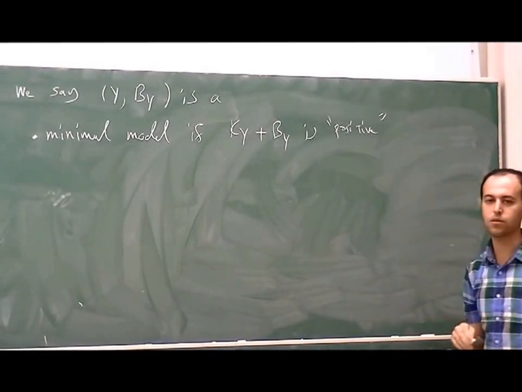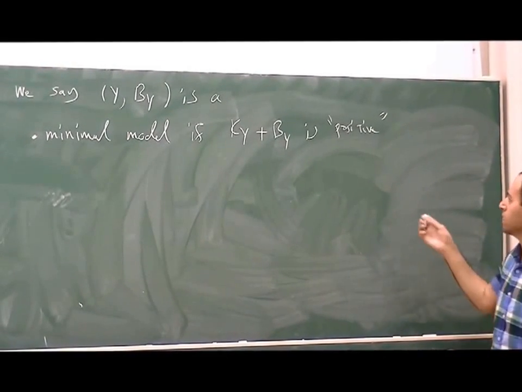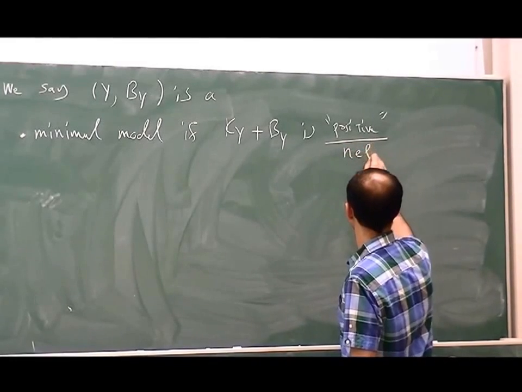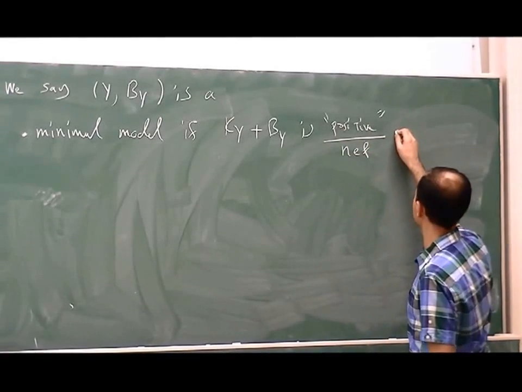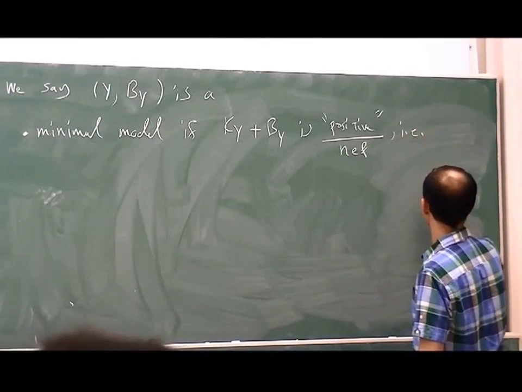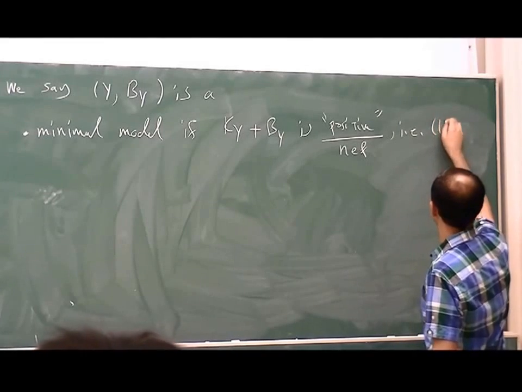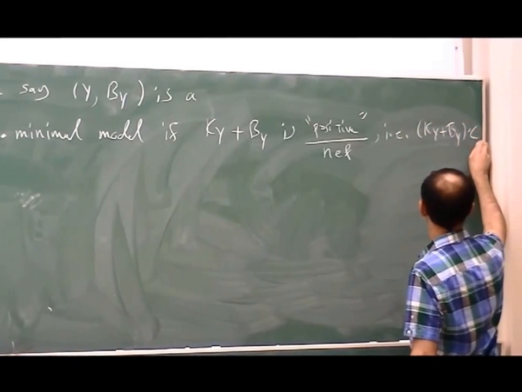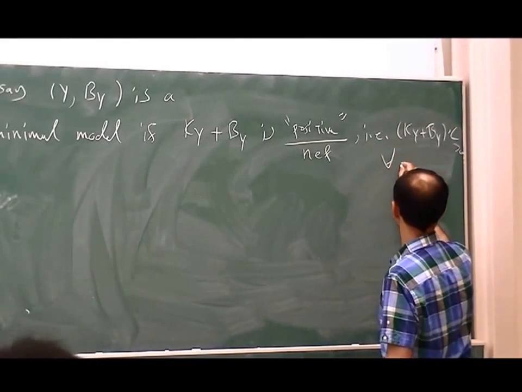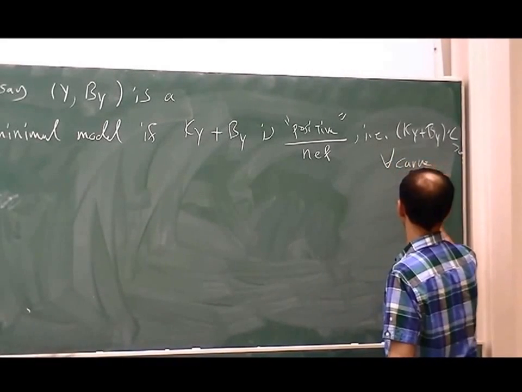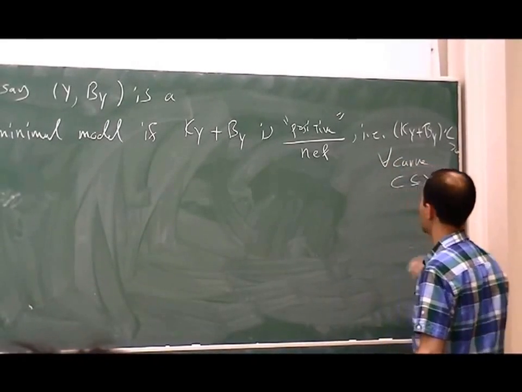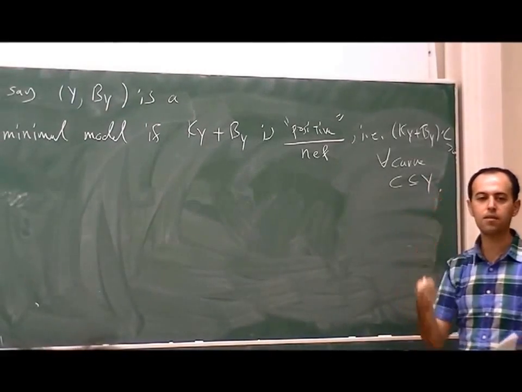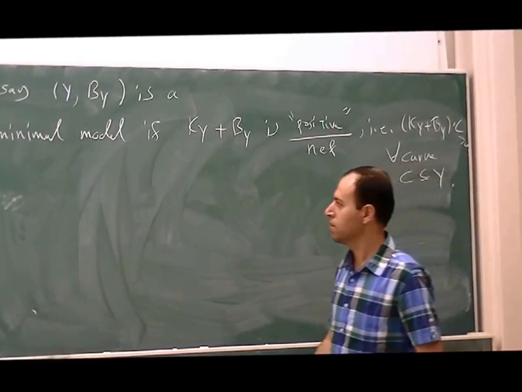So this is just something to remember, but more technically, what I mean is that this is nef. By definition, it means that intersection numbers are always non-negative. But intuitively, it just means that you have some kind of positivity property.